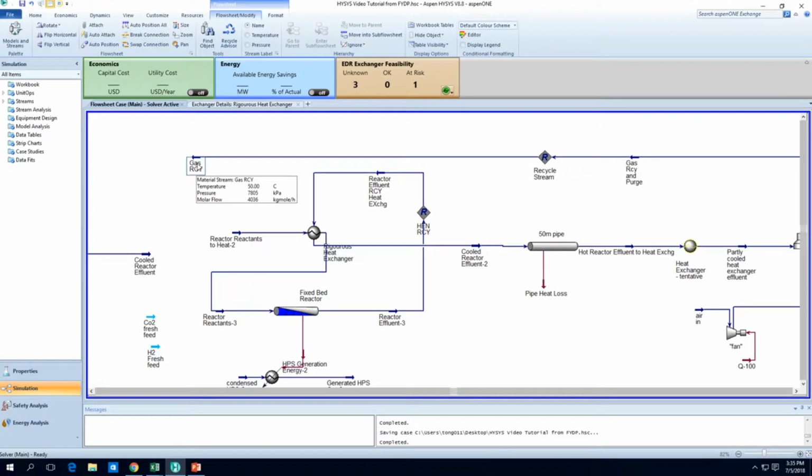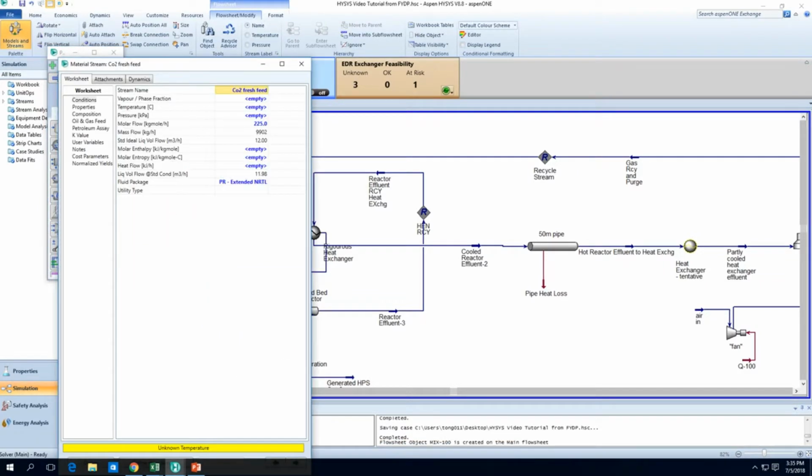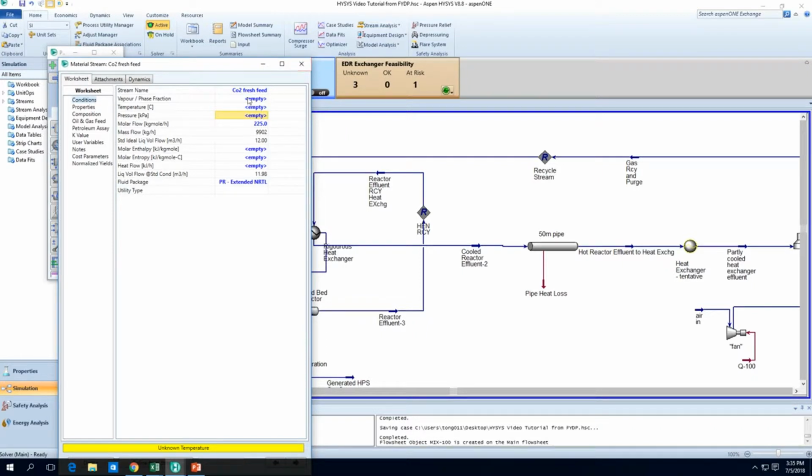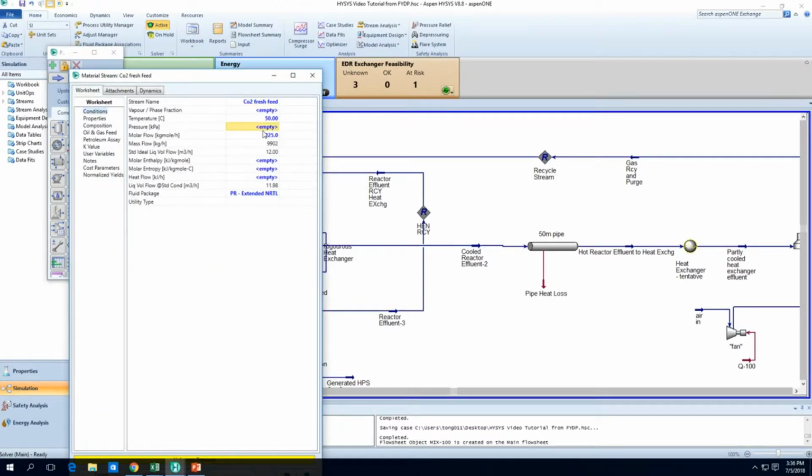So the question is, how should we have our fresh feed and makeup feeds in this system? Well, one of the ways is that we can pre-mix everything using a mixer. So I'm just going to press F4. I'll assume this fresh feed comes in at 50 degrees C, and the pressure is about 7805 kPa.